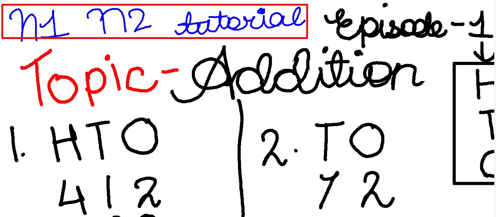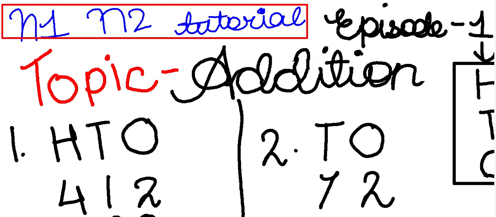Today we are going to learn addition and this is my episode 1. In episode 1 we are going to learn about HTO, hundreds, tens and ones. So let's start.